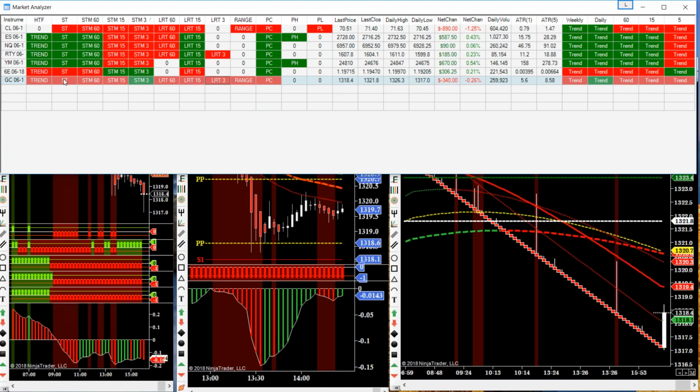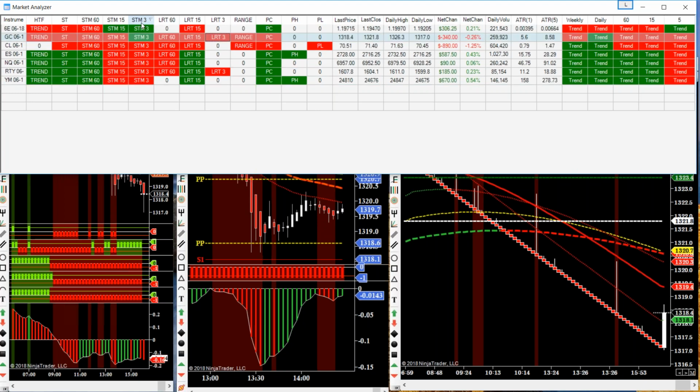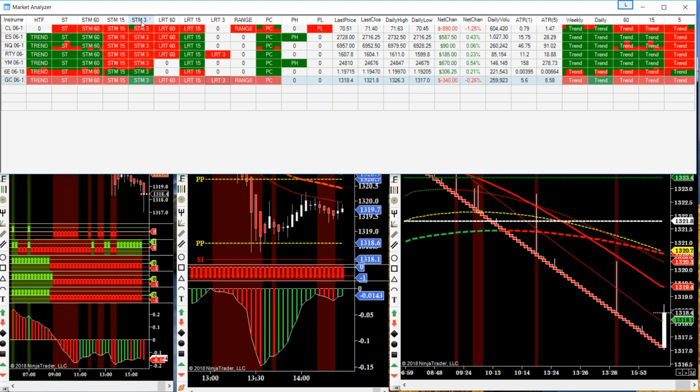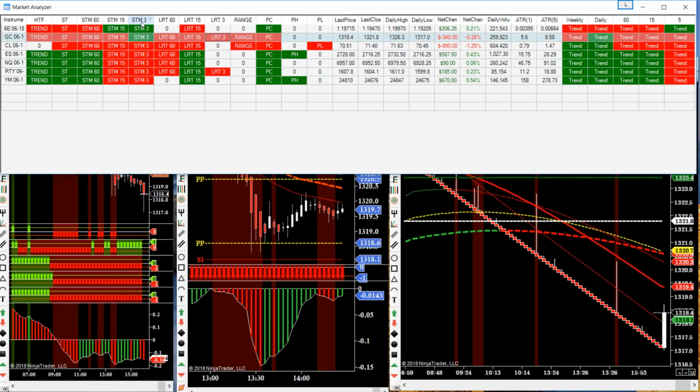I have a super trend solver, and then I have a super trend momentum blend on the 60-minute, 15-minute, and 3-minute. If you've been to my trading room, you know that I look heavily at this 3-minute super trend momentum to try to time my entries, as well as that 15-minute range breakout.